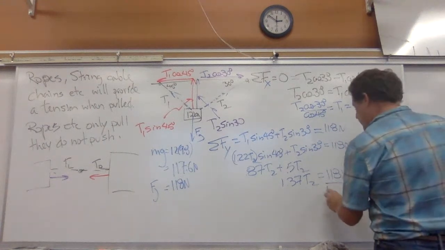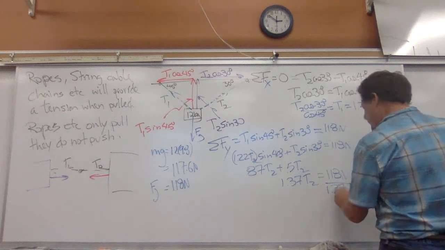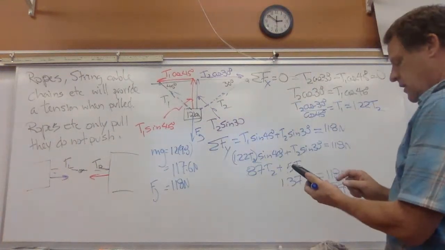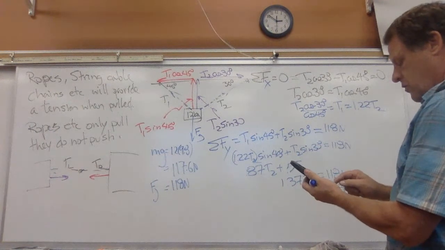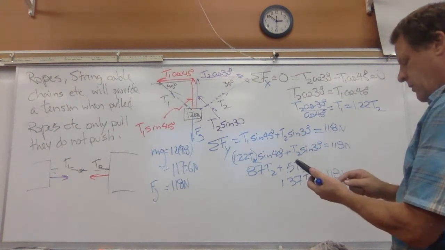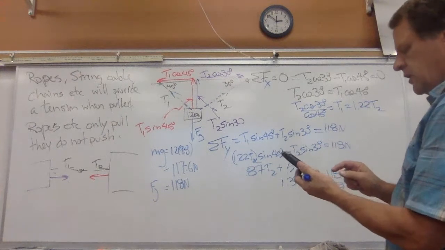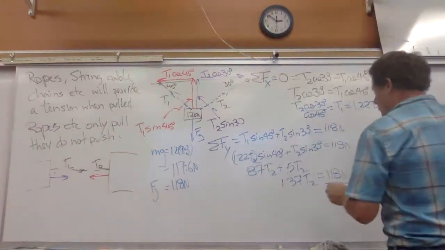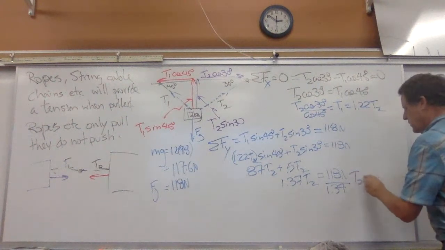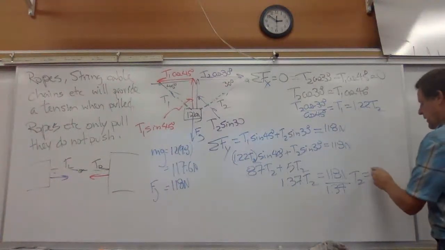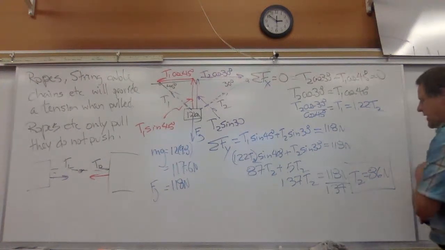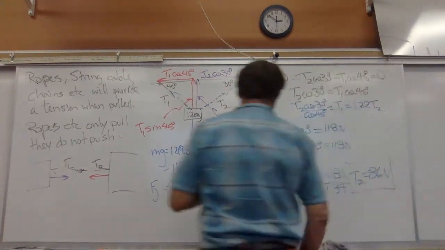Now we can divide both sides by 1.37, and 118 divided by 1.37 gives us 86.1. So T2 is equal to 86.1 newtons. We'll call that 86.